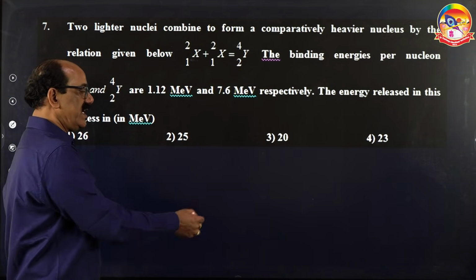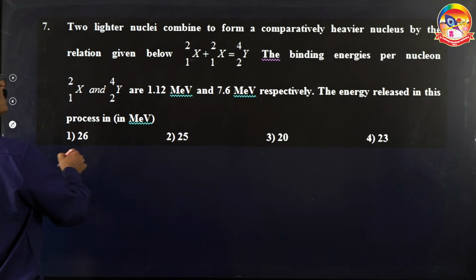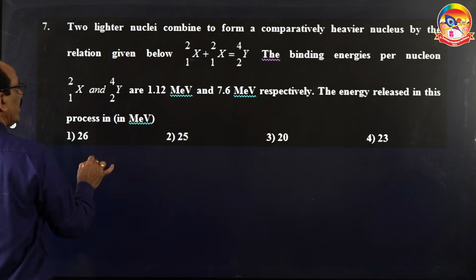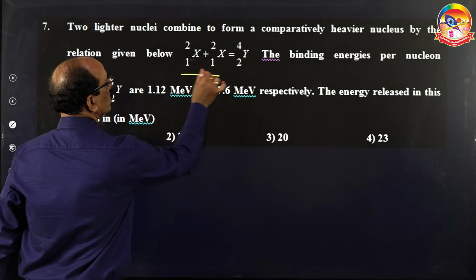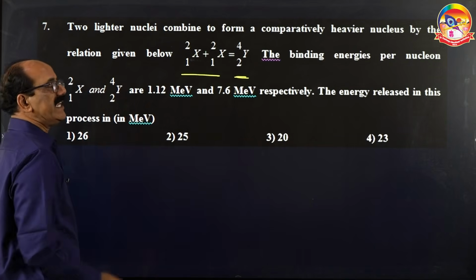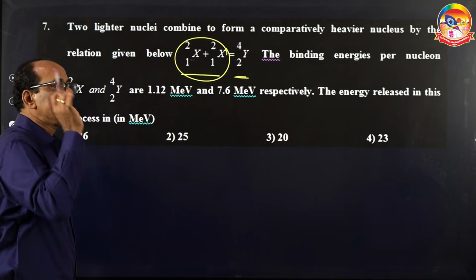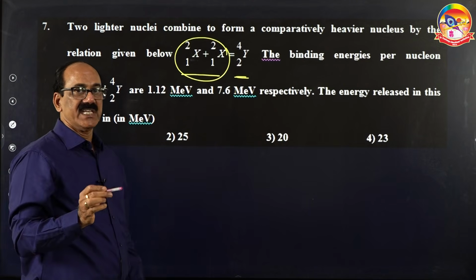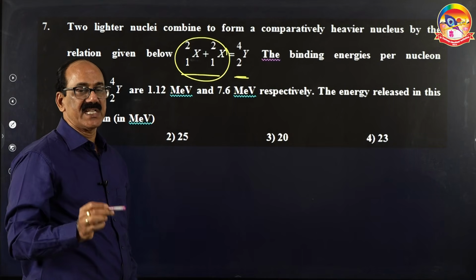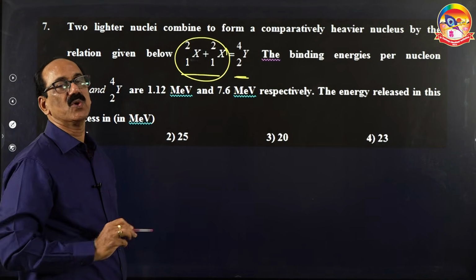So, actually the concept for the previous problem we will get clarity here. Whenever these two nuclei fuse to give a heavy nucleus, in case of the reactants the energy will be absorbed, that is the total binding energy if you calculate, that is the energy required to break the nuclei into nucleons.